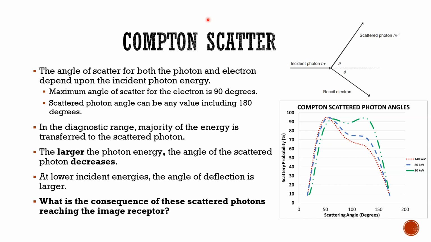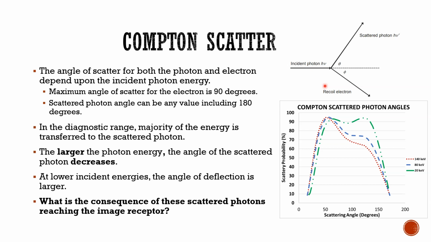So the angle of scatter for both the photon and the electron depends upon the incident photon energy. As we just discussed in the previous slide, as the incident photon strikes an orbital electron, because its energy is greater than that of the orbital binding energy, the electron is knocked out of its orbital shell, and of course it is scattered and now termed a recoil electron.